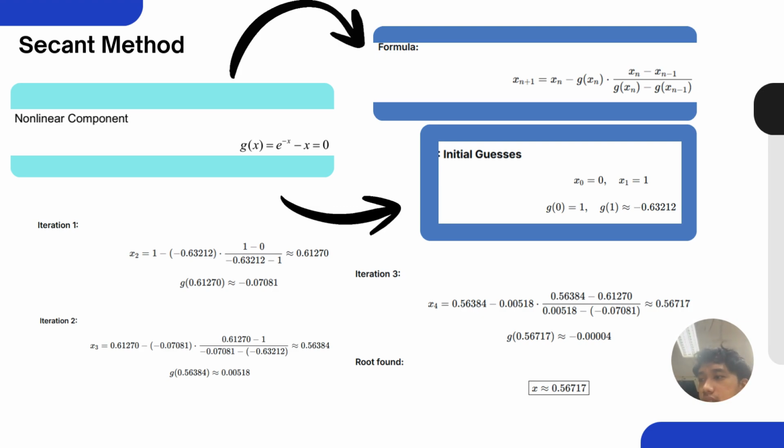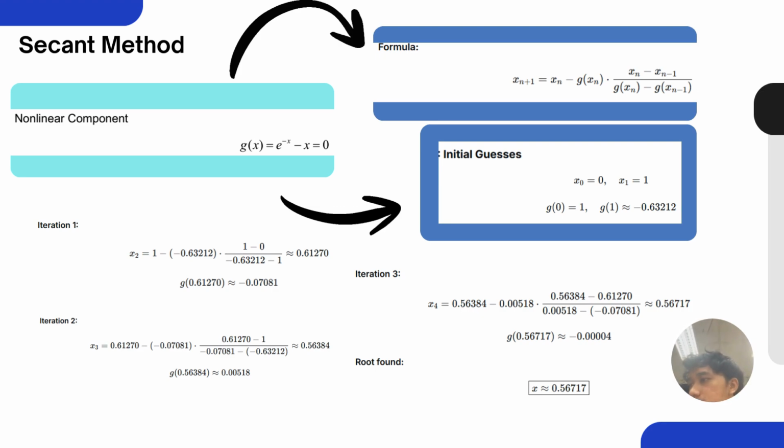The formula for the secant method is x(n+1) equals x(n) minus g(x(n)) times x(n) minus x(n-1), divided by g(x(n)) minus g(x(n-1)).